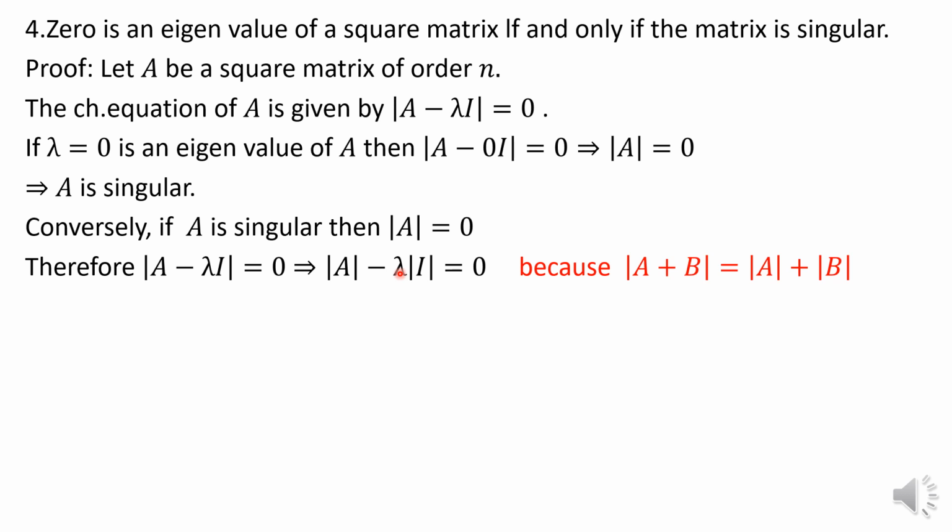It has nothing to do with the determinant, so we can take that outside. We apply determinant only for matrices, not for numbers. So we put determinant only for the identity matrix I.